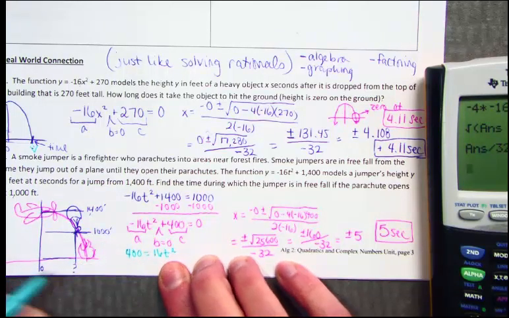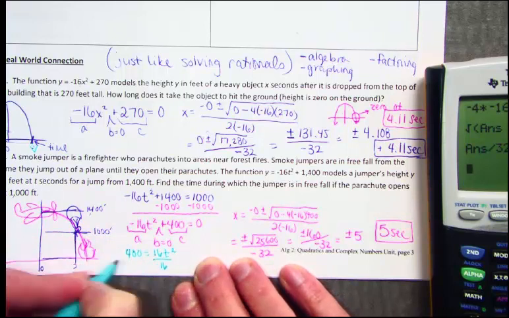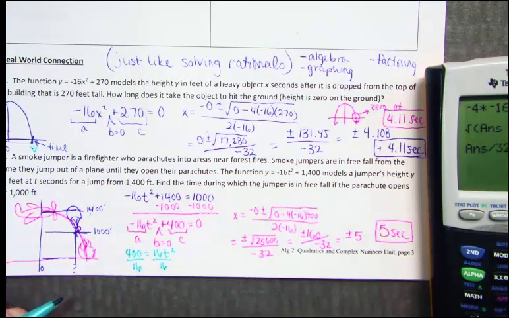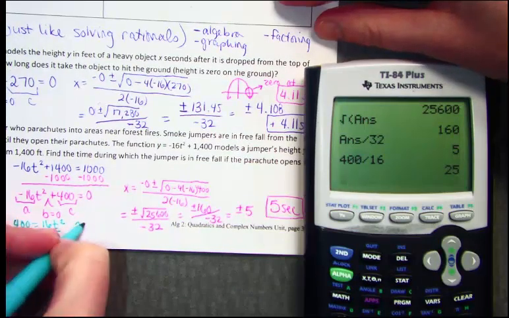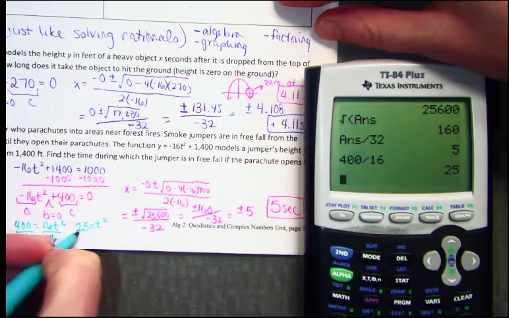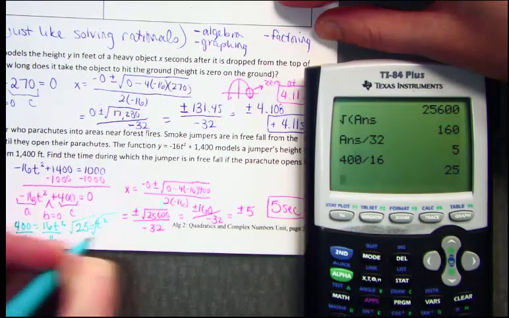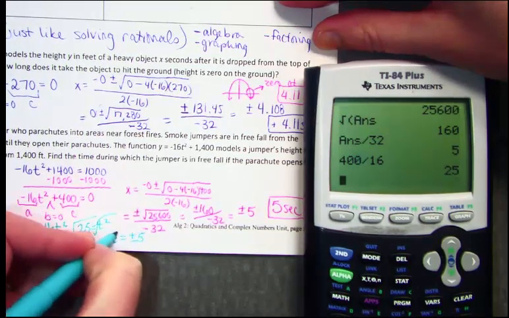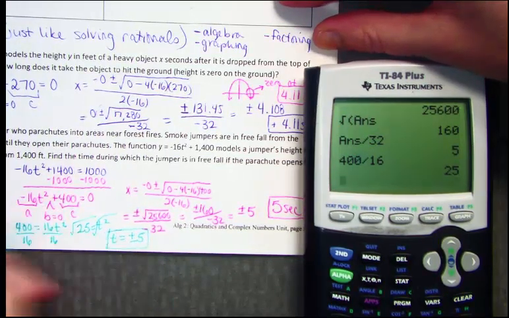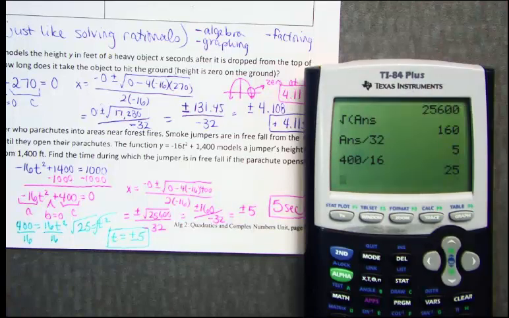Maybe you're thinking to yourself, well, I could solve right from there by dividing both sides by 16. And I find that equals 25 when I divide 400 by 16. And now when I square root both sides to get t by itself, I would have that positive or negative 5 seconds. There are times when we can solve, if we don't have a b term, we can move it over and solve in that way.